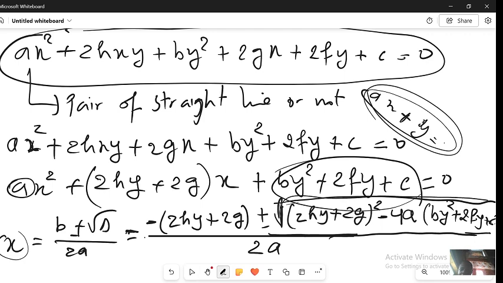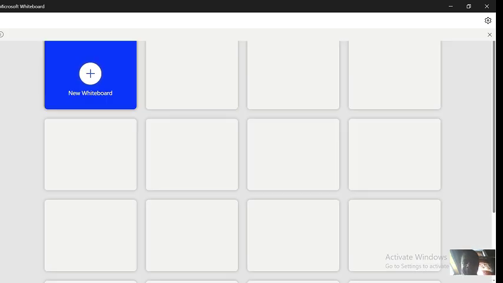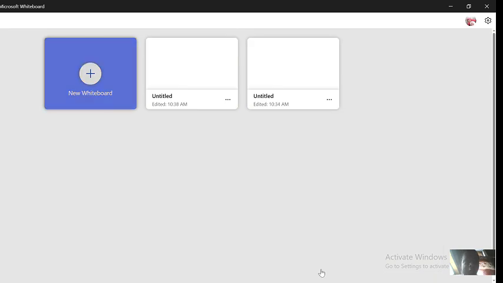So if the square root equals 0, only this one will remain, and this will be in the form of ax plus by equals a constant, which is the equation of a straight line. Now, to be a pair of straight lines, the value under the square root has to be equal to 0.